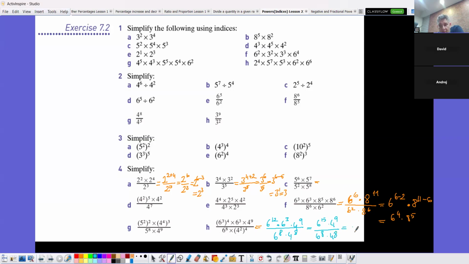Here we have to be careful to do the operation between 6s and 4s. So which is going to be 6 to the power of 15 minus 8 times 4 to the power of 9 minus 8. This power is 8 here.